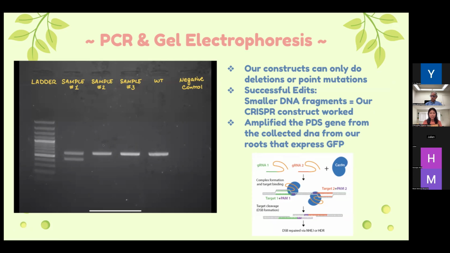As you can see in sample number 1, there are 2 bands, and one of the bands on the bottom has moved further down the column, meaning that DNA has gotten smaller as compared to the wild type.